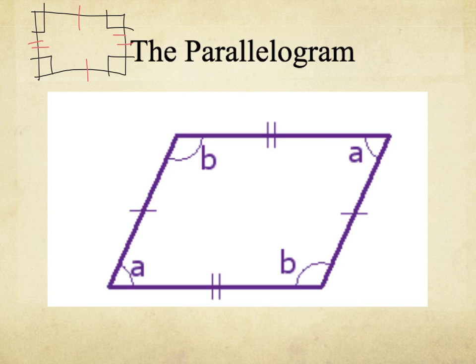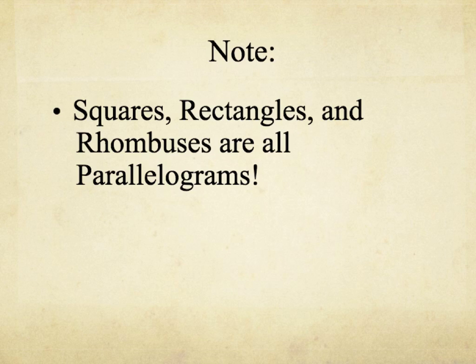Same thing with a parallelogram. You just push down on it and squish it a little to the side. This one has 2 sets of congruent sides, long ones and short ones. And similar to a rhombus, I have 2 acute angles and 2 obtuse angles. So I don't make those right angles anymore like a rectangle because it's squished. But the parallelogram still has 2 sets of congruent sides.